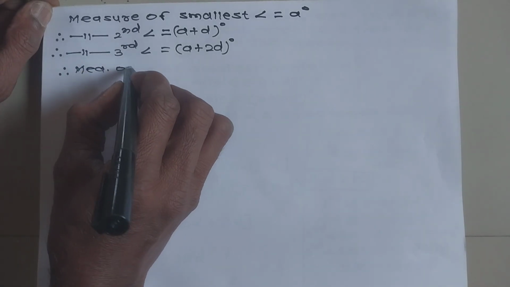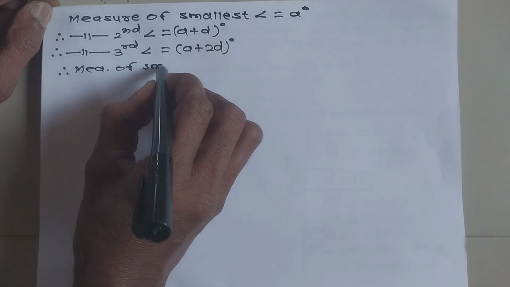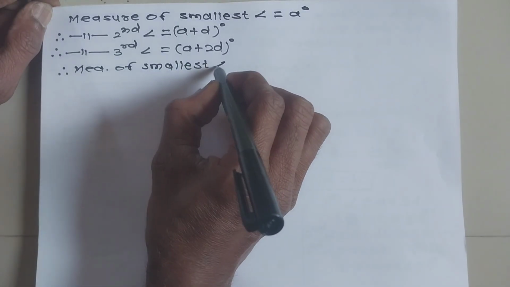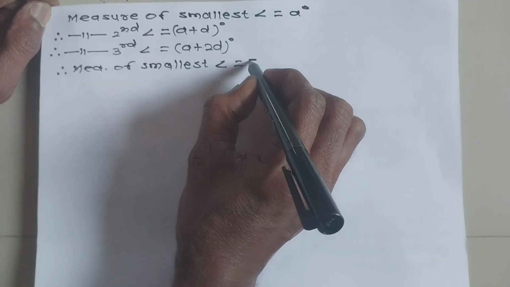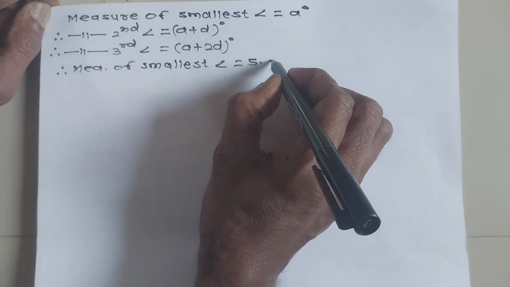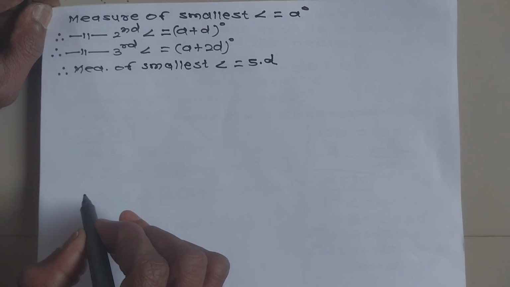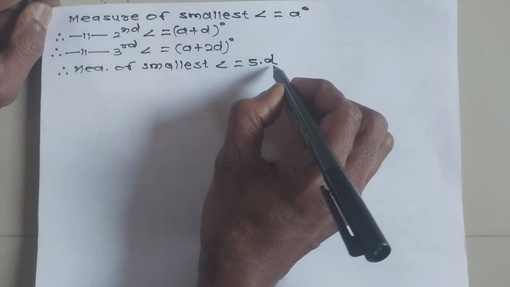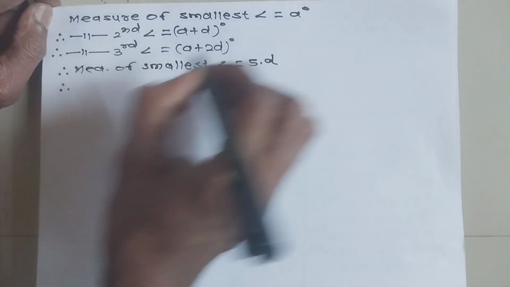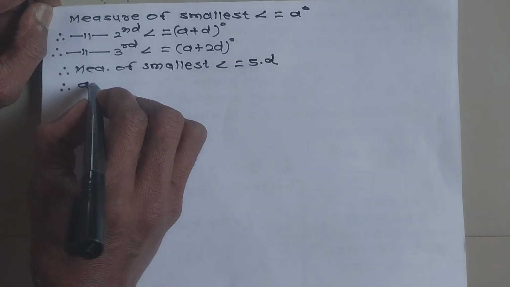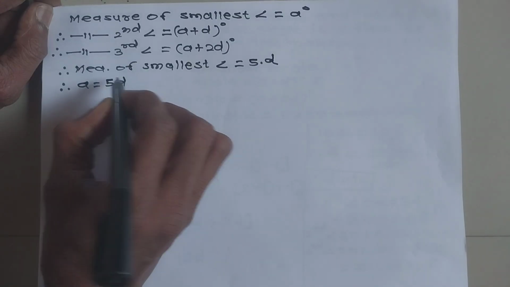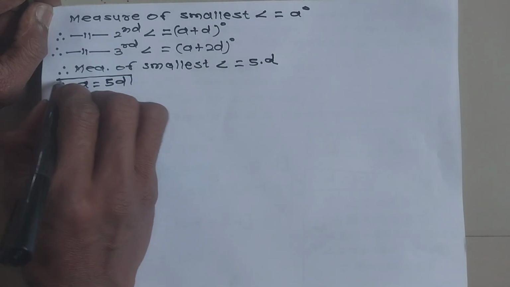The measure of the smallest angle is equal to 5 times the common difference, which is represented by the letter D, so 5 into D. Therefore, the measure of the smallest angle is a degree, but simply write here a is equal to 5d. This is very very important.